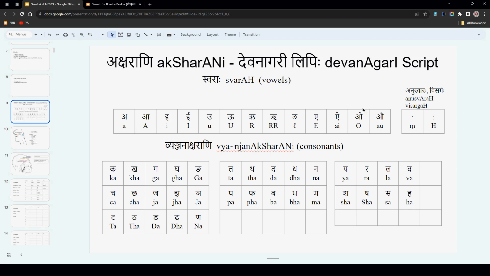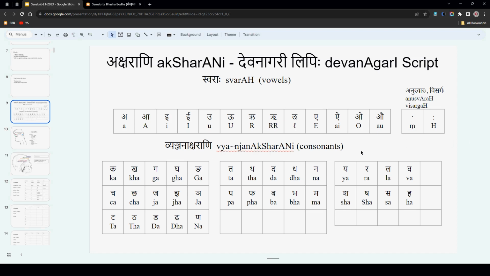For example, if we add this anuswara after a, then it becomes am. Then visarga also has to come after a swara, like aha. That's the pronunciation of visarga.